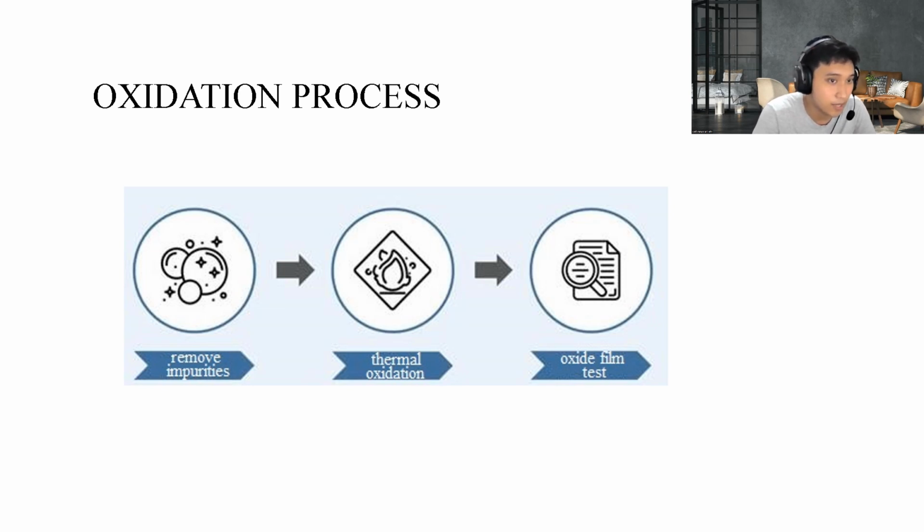After cleaning is completed, the wafer can be placed in a high temperature environment of 800 to 1200 degrees Celsius, and a layer of silicon dioxide is formed by the flow of oxygen or vapor on the wafer surface. Oxygen diffuses through the oxide layer and reacts with silicon to form oxide layers of different thicknesses, which can be measured after the oxidation is complete.